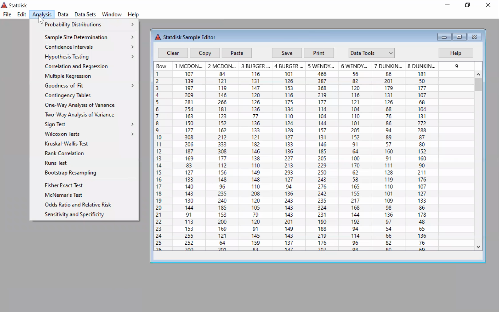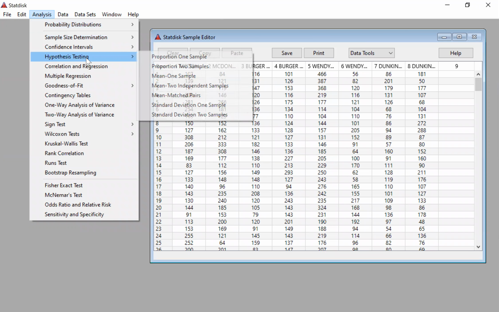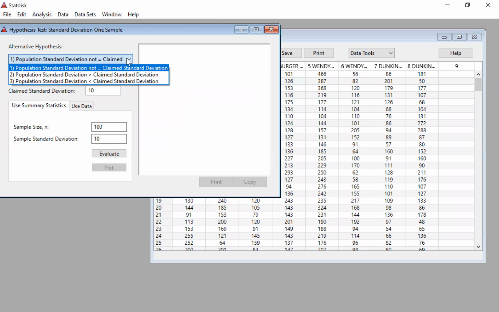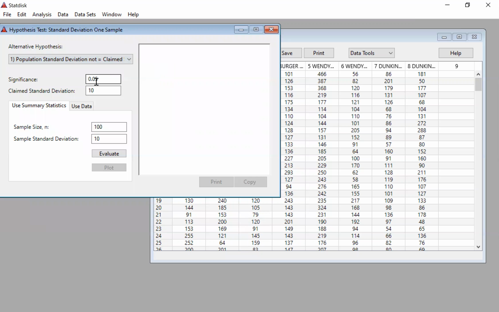So again, it's a test of one standard deviation. So hypothesis testing, sample standard deviation, one sample. And in our top portion here, it was a two-tailed test, not equal. Significance level was 0.01.